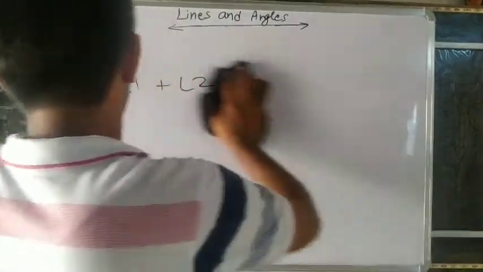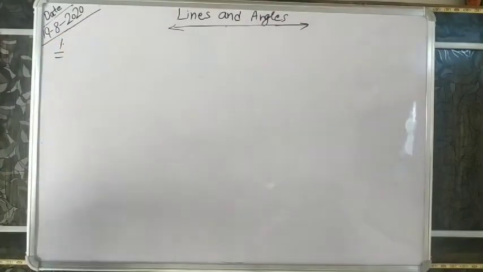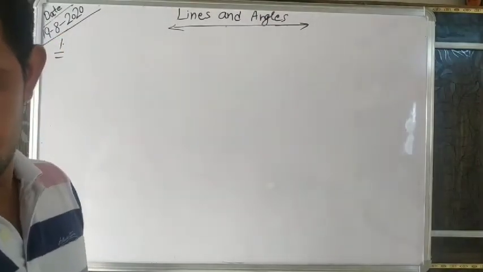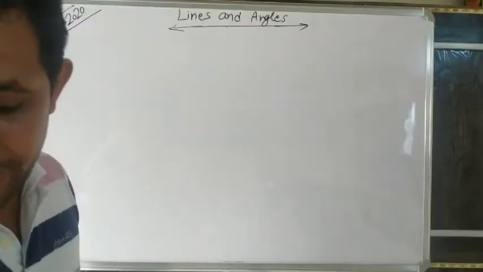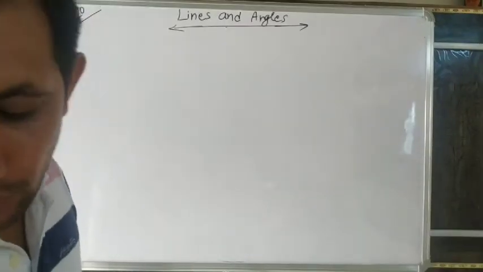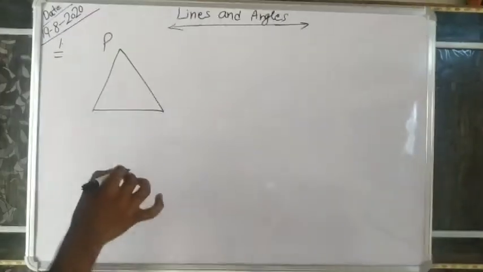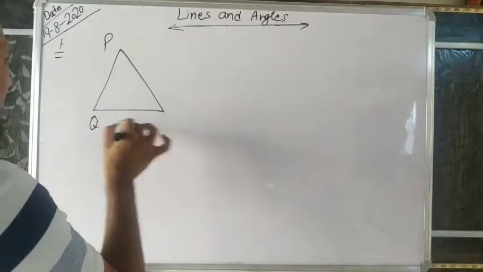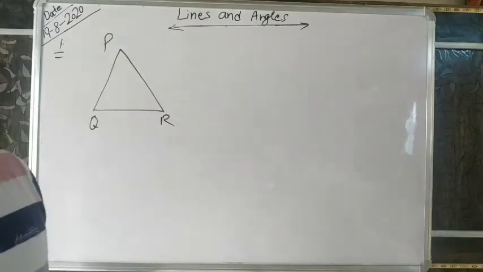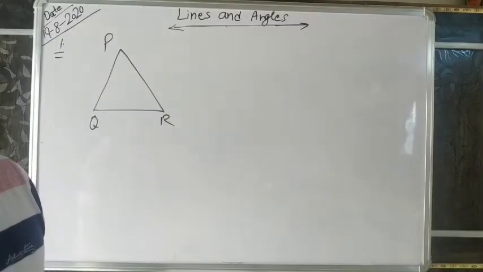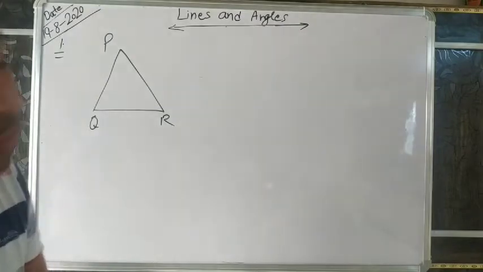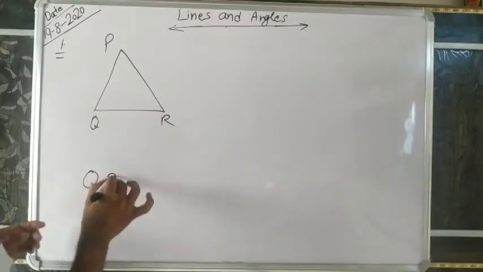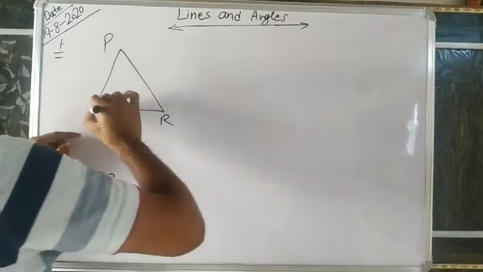So now question number 1. We are going to start question number 1. I will read it for everyone. In figure 6.39, sides QP and RQ of a triangle PQR are produced to points S and T. QP is produced, it means we start from QP.